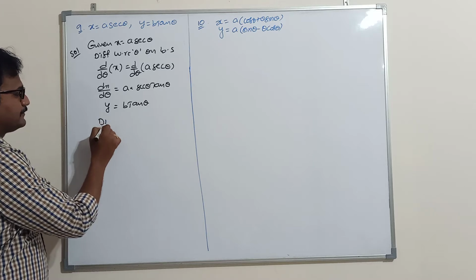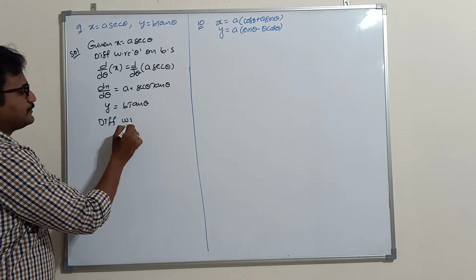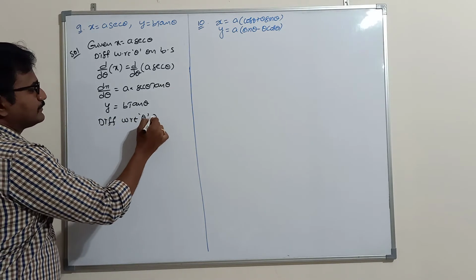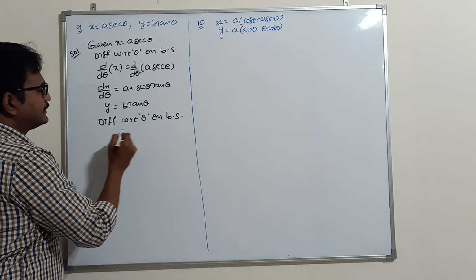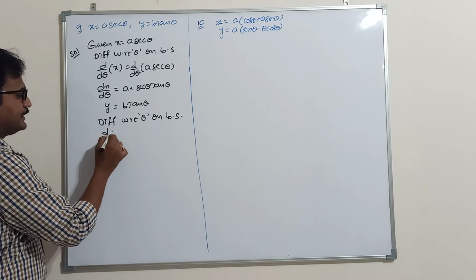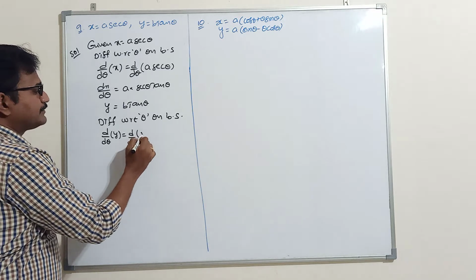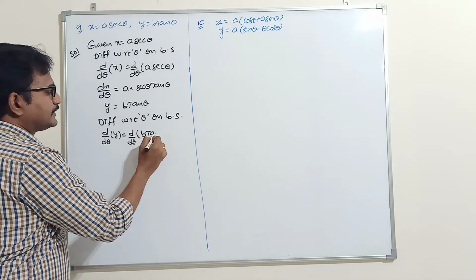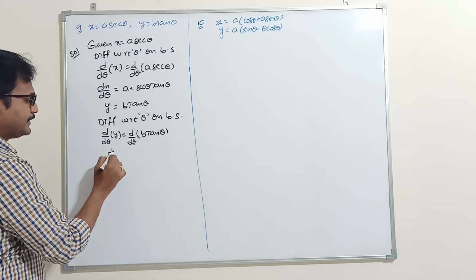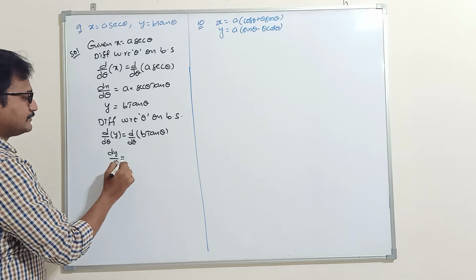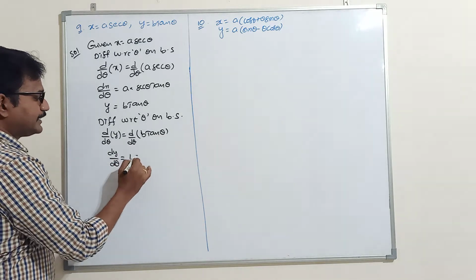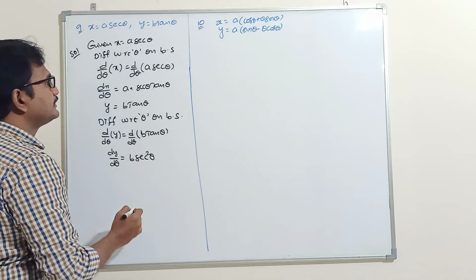Differentiating with respect to theta on both sides, d by d theta of y is equal to d by d theta of b tan theta. So dy by d theta is equal to b into derivative of tan theta, which is secant square theta.